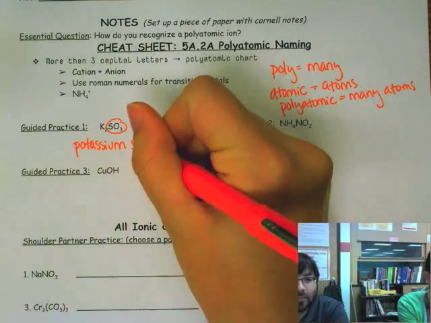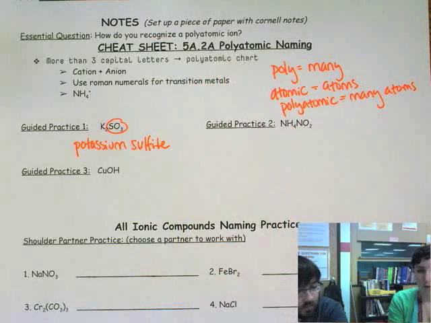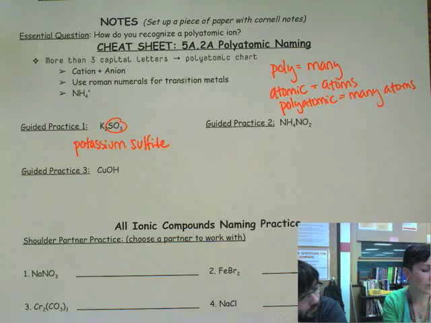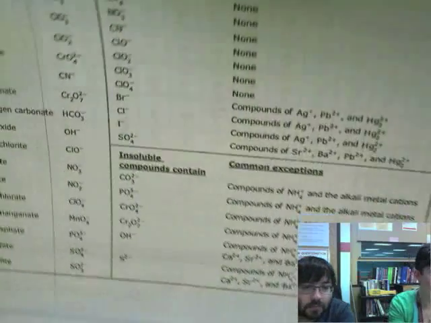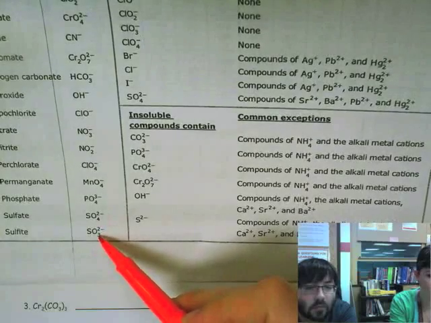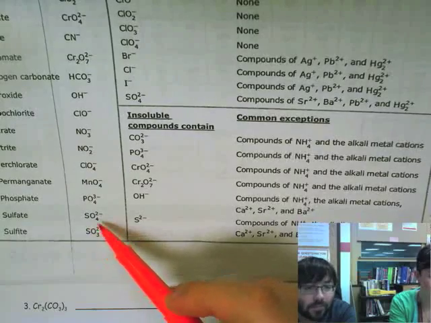Potassium sulfite. So what was with all those numbers going on the sheet? Sulfite had like numbers at the bottom and at the top. Oh, those are the charges. So the number at the bottom, that subscript, applies only to the oxygen. That's telling me that I've got 3 oxygen atoms in this polyatomic ion.